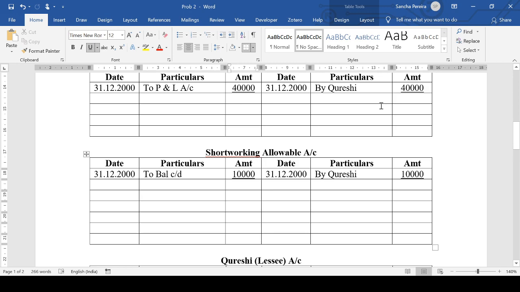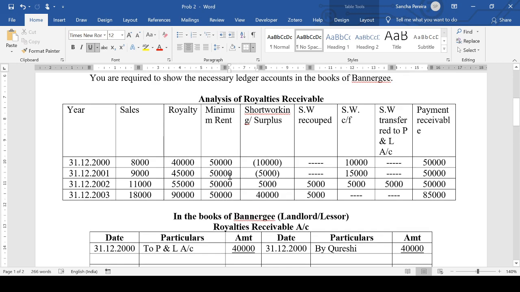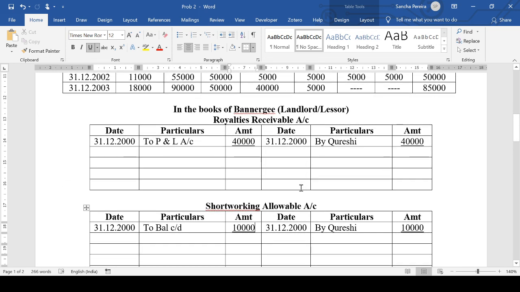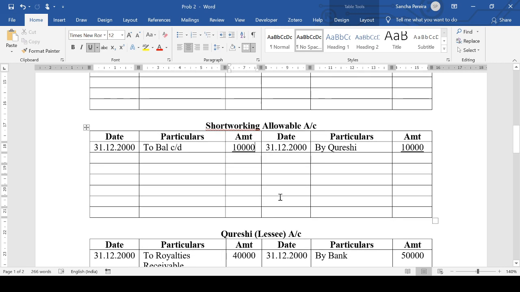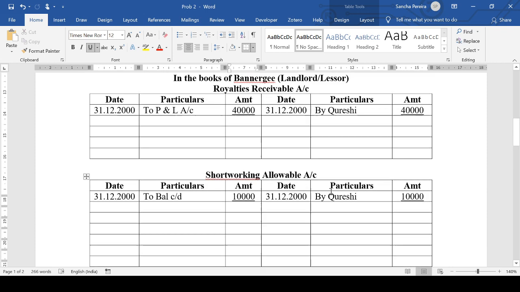Now coming to the second year, it's the same situation where the minimum rent is more than the actual royalty. So the same entries again. Okay, the first set of entries. Qureshi's account debit to royalties receivable to short working allowable.